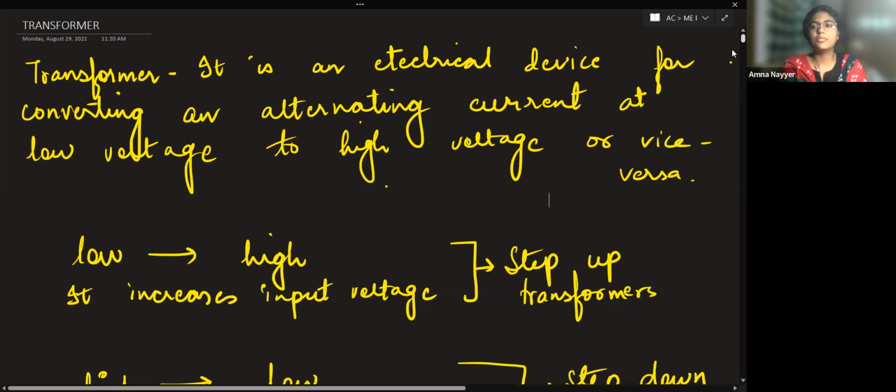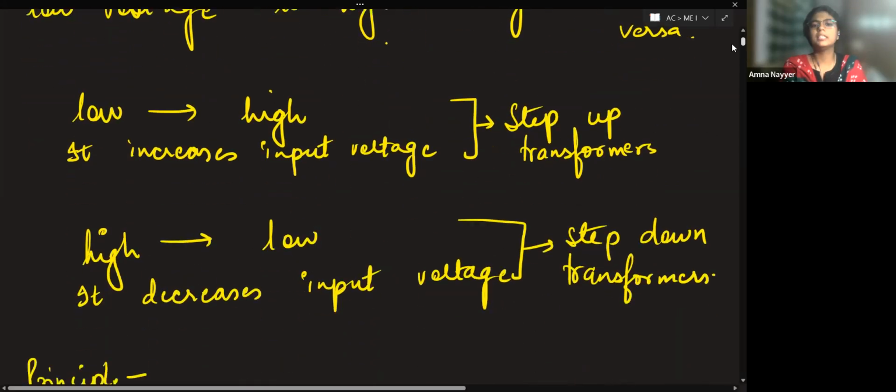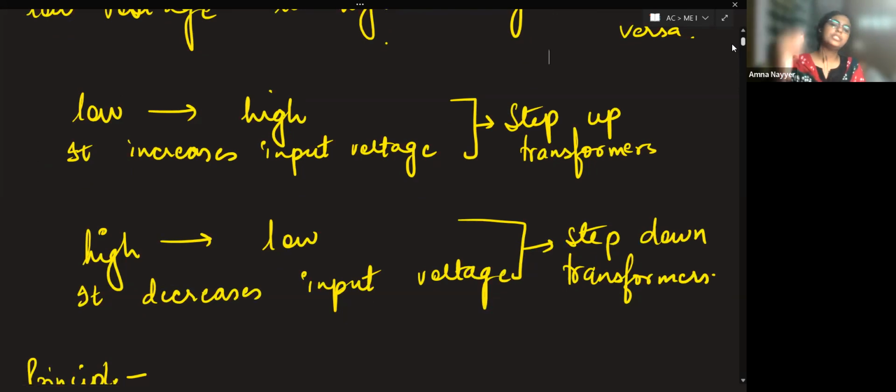If it increases the input voltage, it is known as a step-up transformer, and which decreases the input voltage from high to low, these are known as step down transformers. Clear? Easy. I hope you'll remember.